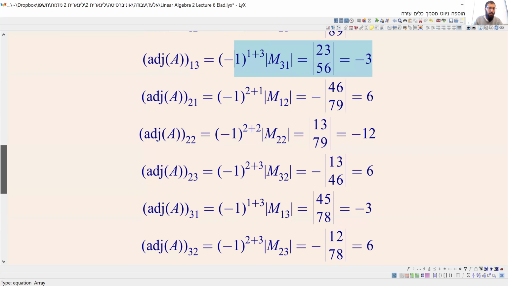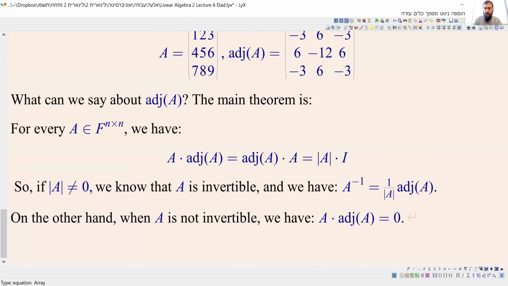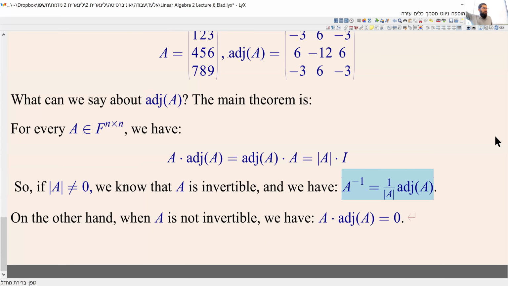So right now we have a very strong word, but an important and significant formula for calculating the inverse matrix without using a single row operation. It's easier to ask the computer to do this from our point of view, writing the code to do that, or asking GPT to give us the code to do that.